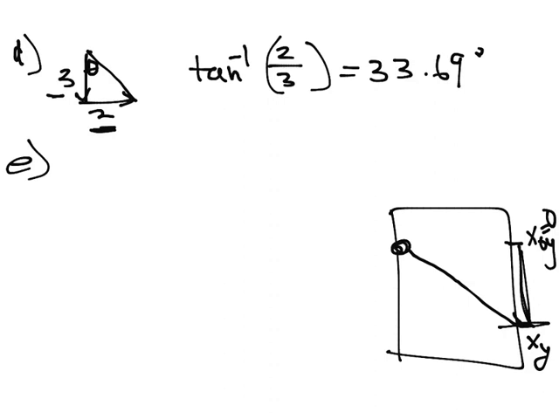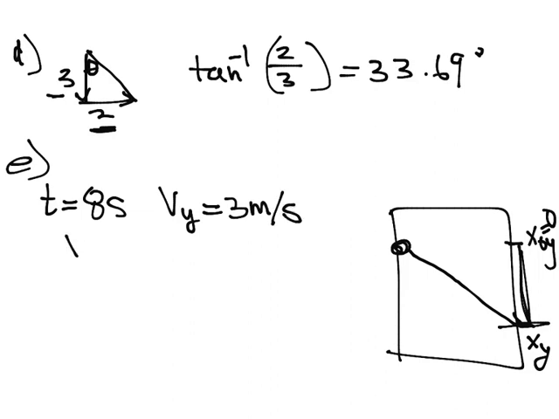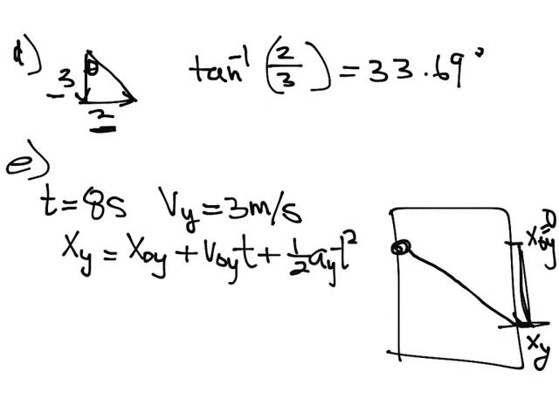And you might say, hey, I have no idea how to do this. The crucial piece of information that we have is that we know t equals 8 seconds. We also know that Vy is equal to 3 meters per second. So we can set up our usual kinematics equation: xy equals x naught y plus v naught y t plus 1/2 ay t squared.